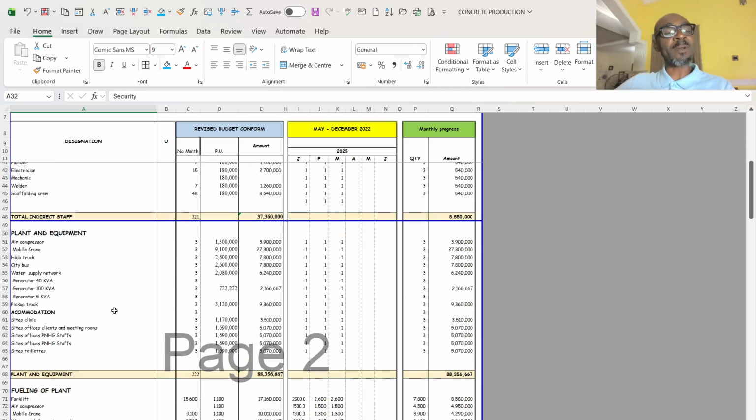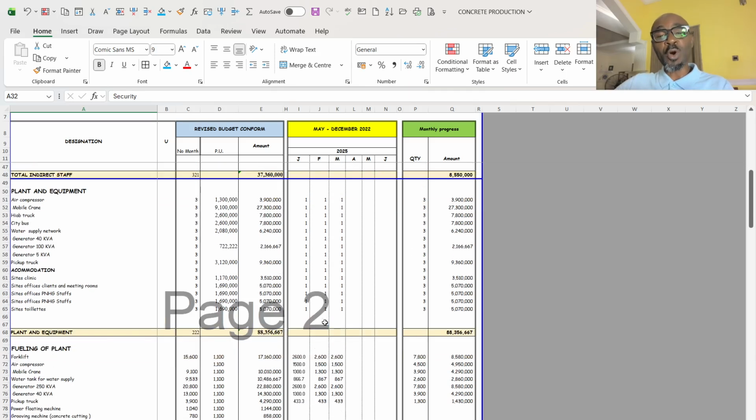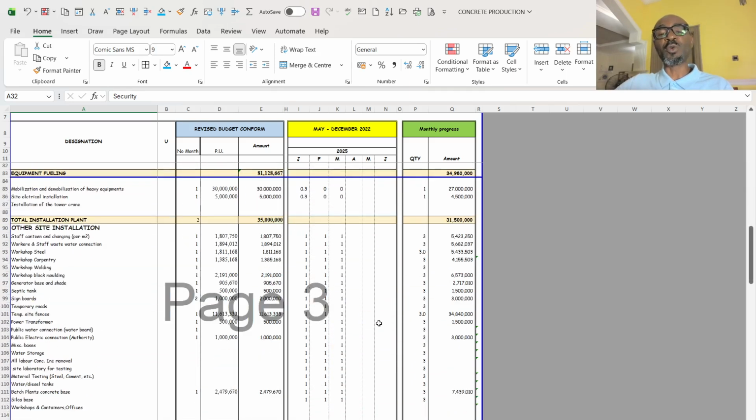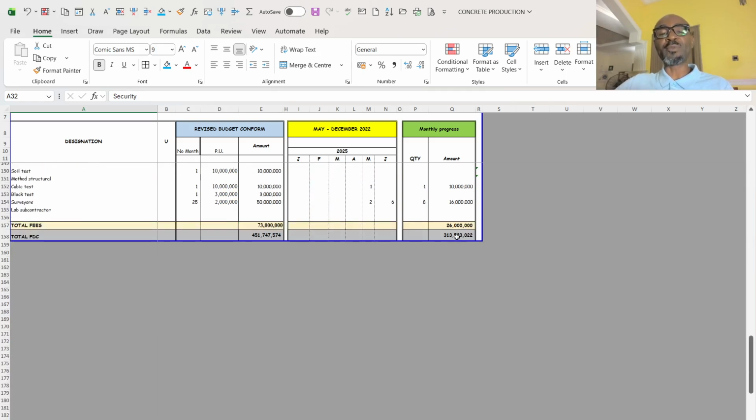Then you have other plants that are for general services, which are not meant for one particular item on site. Like you have the site clinic, you have the client office and meeting room, you have the staff offices and the toilet. All I made this thing there. So the total amount for the 3 months came to 313 million.